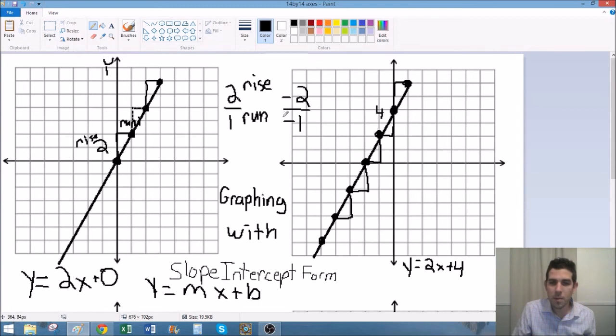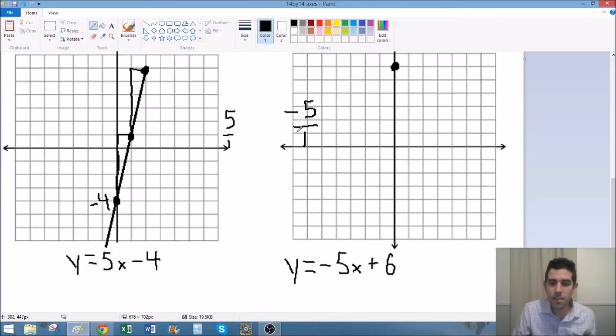Unlike before when we made both of them negative to match with a positive slope, here we're going to leave the 1 positive because we want our slope to stay negative. The 5 will be negative, which means we're going to go down 5, 1, 2, 3, 4, 5, a negative rise of 5, yet that 1 is positive, so we will still run to the right 1.